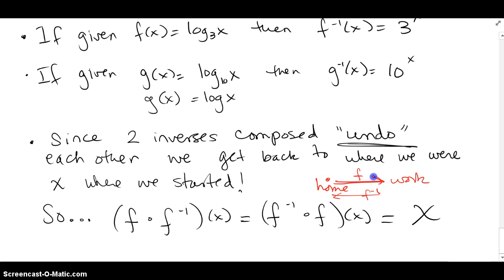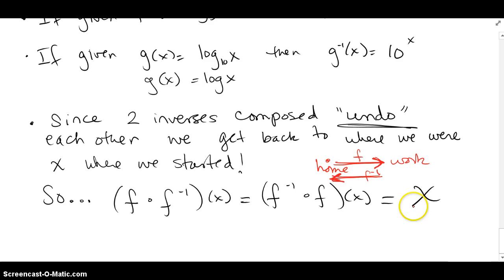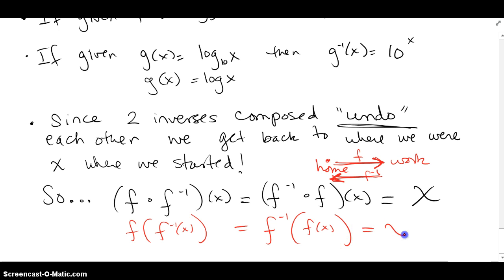So if I apply the function, I get to work, and then immediately if I apply the inverse, I get back home, which is where I started. For that reason, whenever you compose two inverses, you're going to land back exactly where you were originally, which was x. So f of f inverse of x is going to be the same as f inverse of f of x from function compositions, which is going to land me back at x.